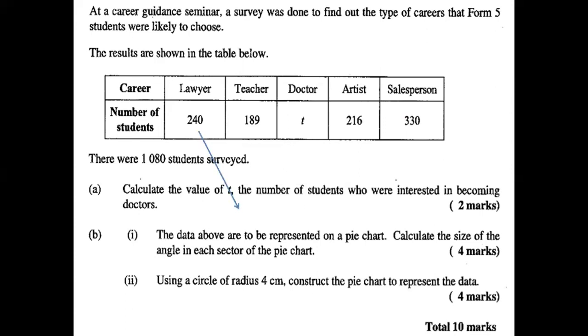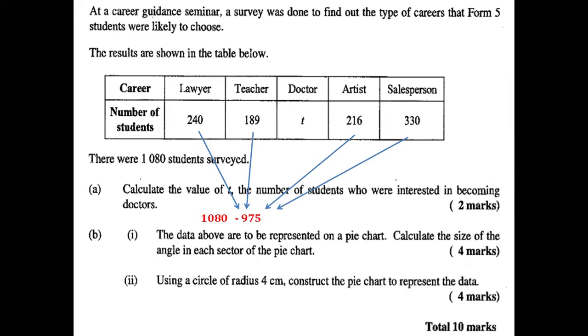Now, the first question: there are 1,080 students in the survey. That's important information, right? And part A is saying, calculate the value of T, the number of students who were interested in becoming doctors. That's missing from our table, but the 240 students who want to become lawyers, teachers, artists, and salespersons amount to 975, and there are 1,080 students there.